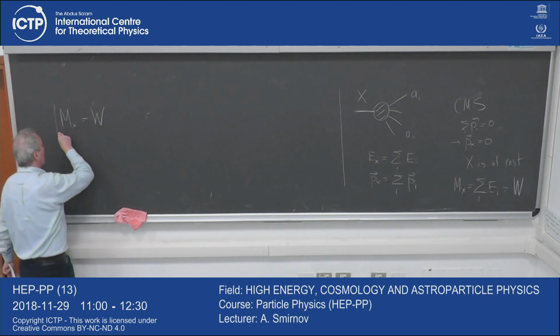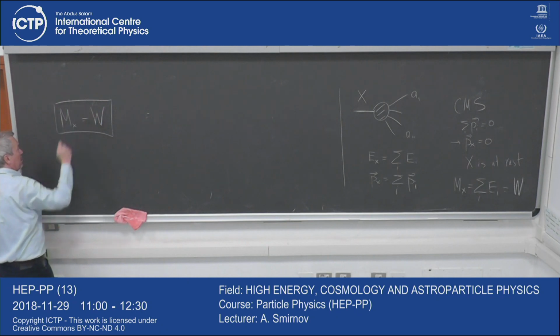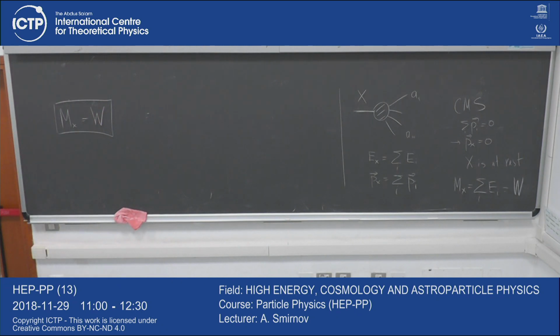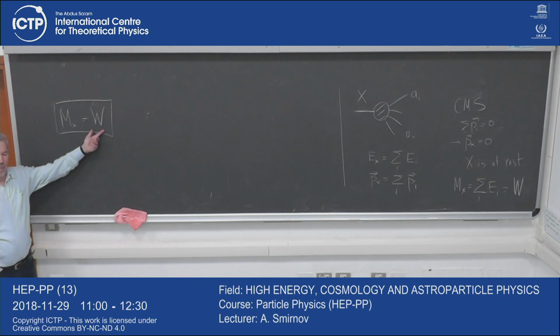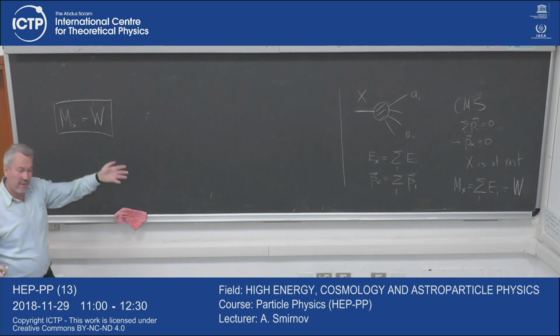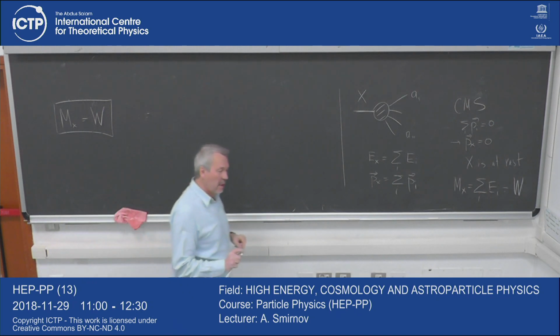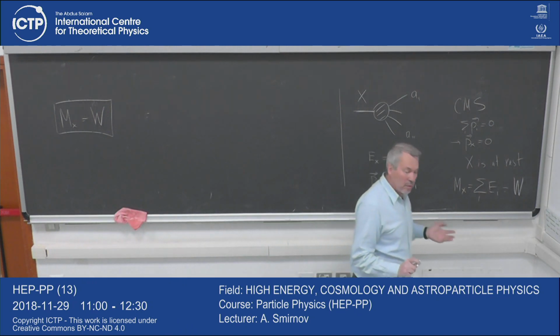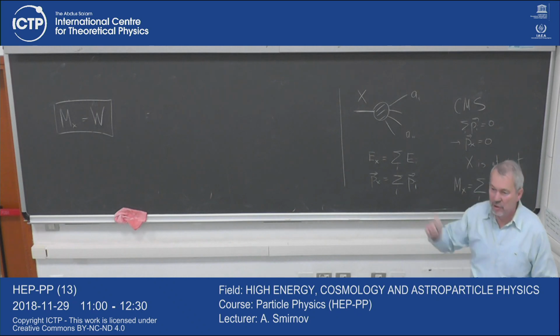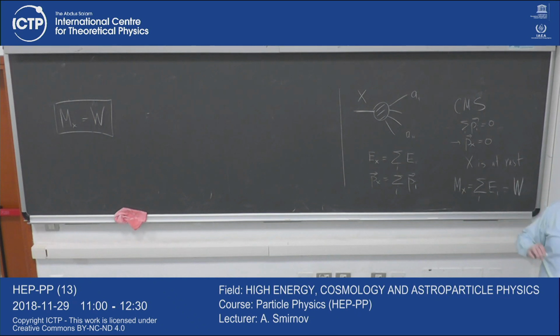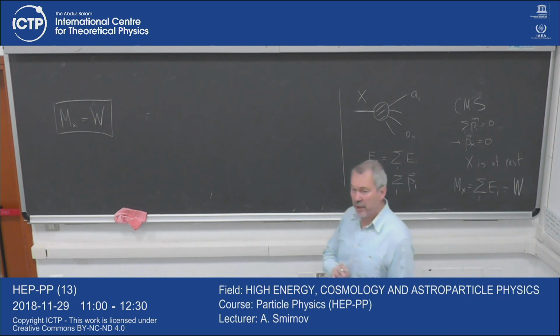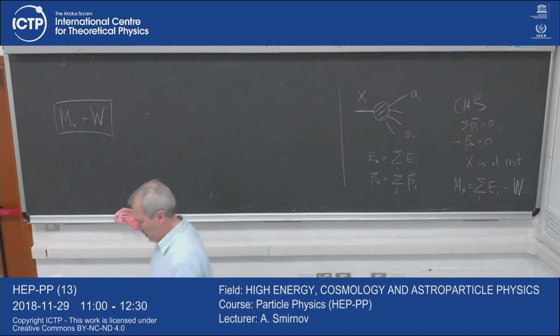So actually, this is the origin of the name of this quantity, W. The mass is given by the invariant mass of the particles in the final state. So if you see some process and you know that these particles in the final state originate from the decay of a single particle, then in any reference frame, because W is Lorentz invariant, you just reconstruct this W, and that will give you the mass of the particle. So this is the way to measure a particle which decays into a system of particles.